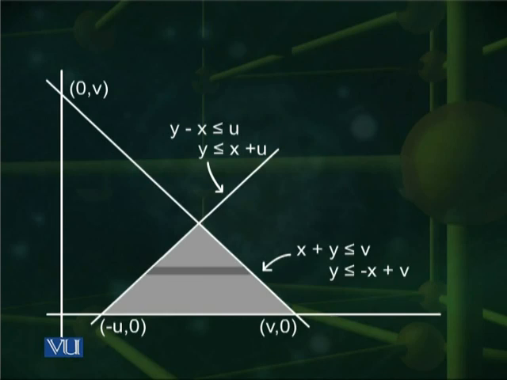So if you draw the line y equals x plus u, it is a line of unit slope with varying intercept on the y-axis, and all the points below this line are included in this event, which represents the joint CDF of u and v. But there are two cases.